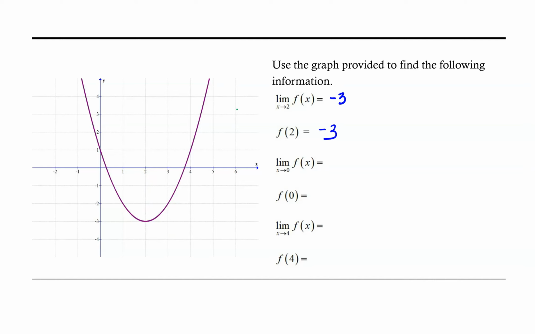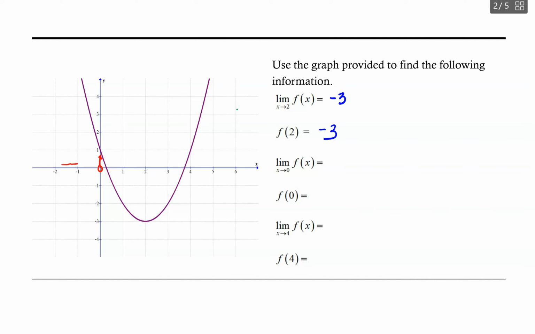Now let's turn our attention to a different location on the graph. Now we want to know what happens as x approaches 0. So finding 0 on the x-axis is here. And so looking this time upwards to see where on the graph we're going to be looking. Let's first examine what's happening from the left.